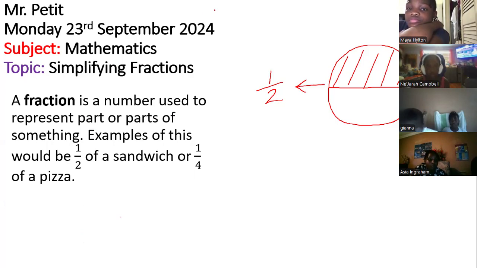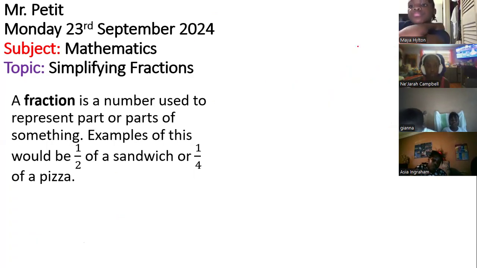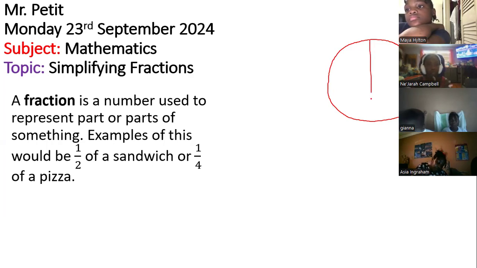So let's say we have a pizza, and we use a circle to represent this pizza. Let's say that we divided the pizza into 4 equal parts, and we ate 1/4 of this pizza. I'm going to shade how many parts?